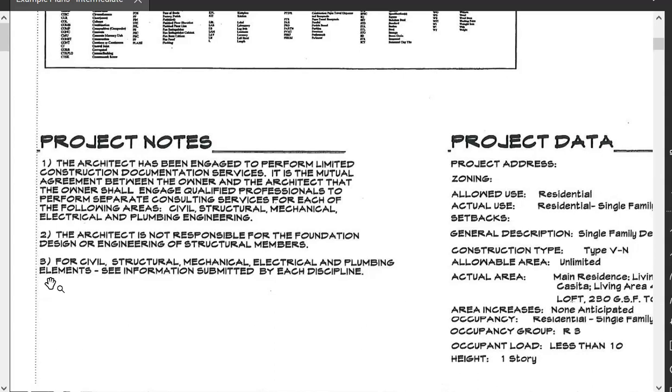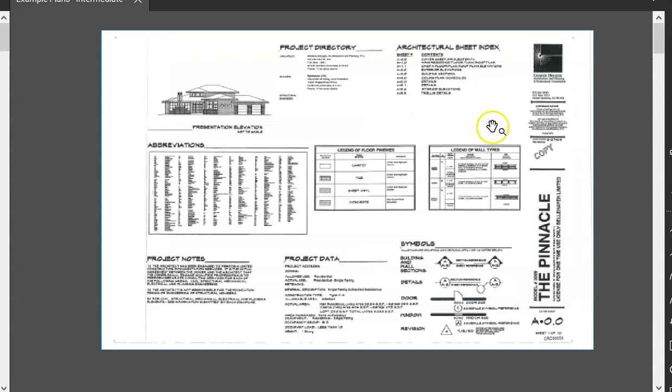You know, the architect here is saying, I'm not responsible for the structural members. I'm not responsible for electrical or mechanical. If you are a structural engineer, you might say the same, except for you might say, I'm not responsible for mechanical or electrical. I'm not responsible for layout, things like that. Okay, so that's our very first cover sheet.